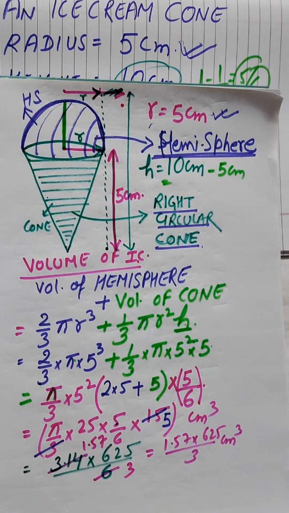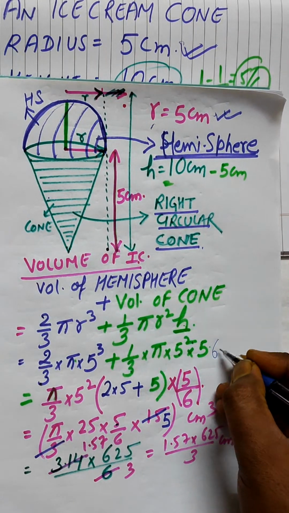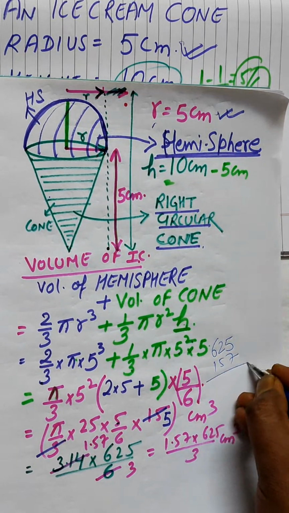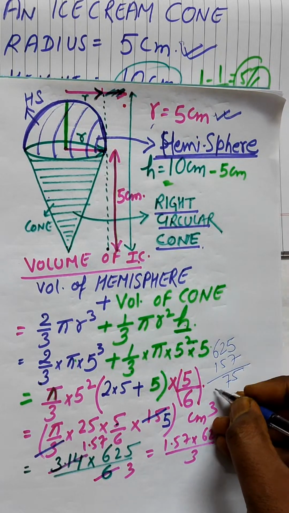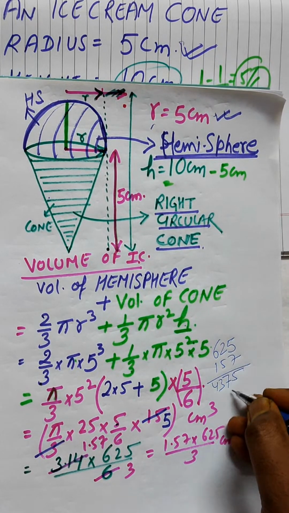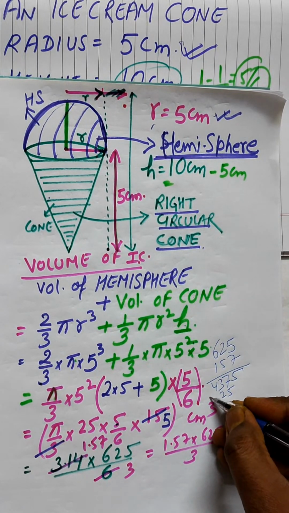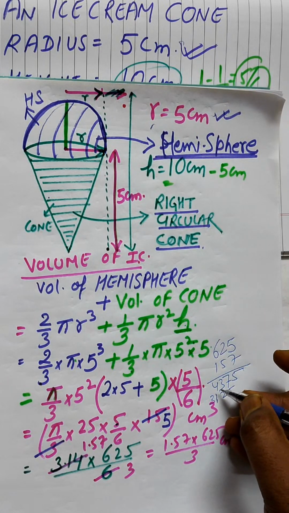This is simple arithmetic calculation, students, but if you want me to do it, let me do. 625 times 157, okay, 7 5 35, 3 17, carry 1, 43, 25, 1, 31, yes.